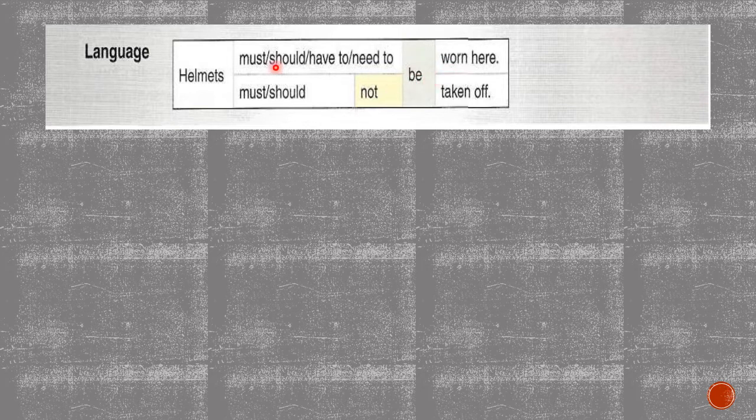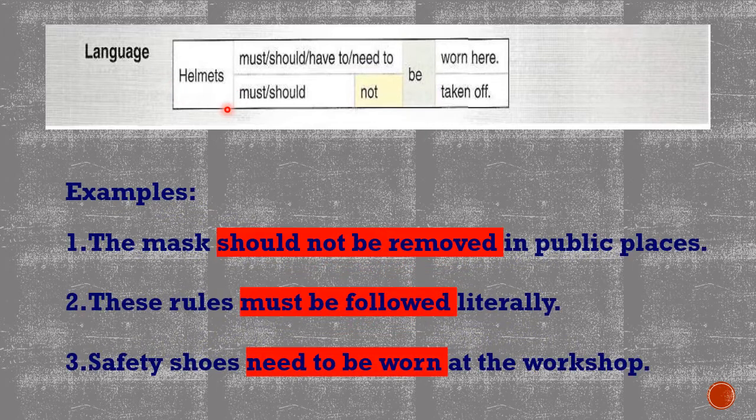Here, the modal must is followed by a passive verb, be worn. Or I say helmets should not be taken off. Should, be, and the past participle of take. So this is a passive verb.